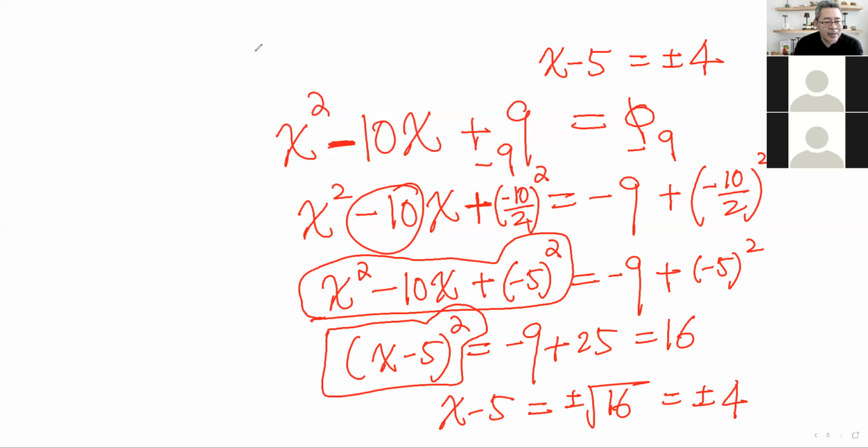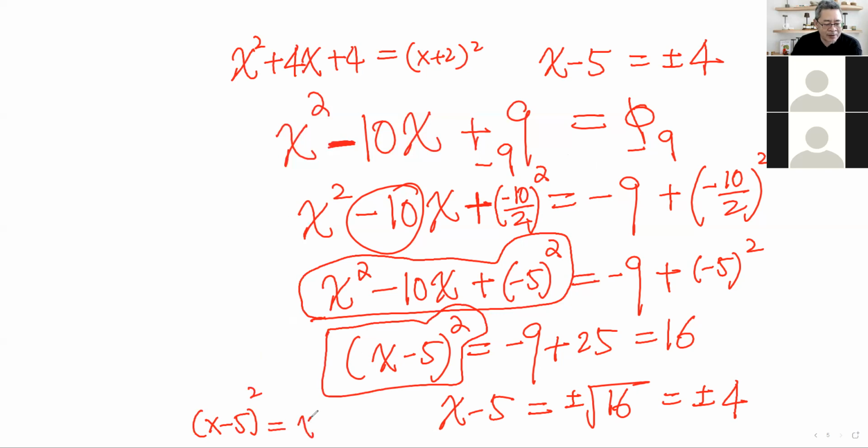Early on, when we had x squared plus 4x plus 4, what did we get? That's x plus 2 squared, right? And what happens if we have x minus 5 squared? If we expand it, that equals x squared minus 10x plus 25. So basically, this is equivalent to that.